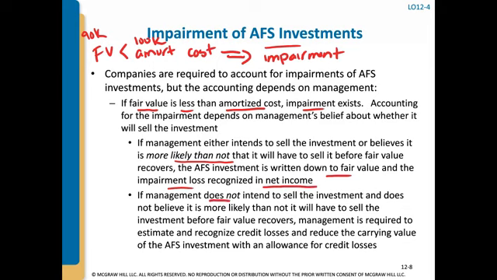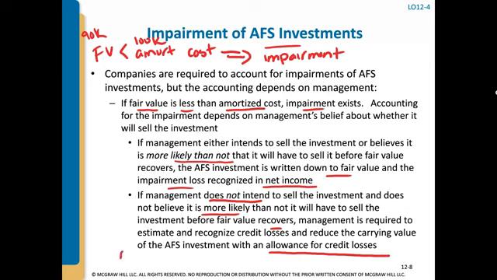If management does not intend to sell it or doesn't believe it's more likely than not that it will have to sell before the fair value recovers, then management does not have to write it down, but they do need to set up an allowance for credit losses, just like we did with a trading security. So think of accounts receivable with an allowance for doubtful accounts. This is kind of the same thing.